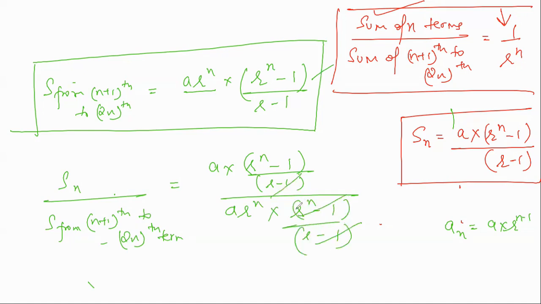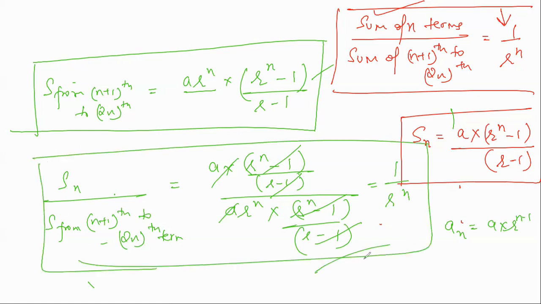So this cancels out with this, and a cancels out with a. What is left? 1 over r raised to the power n. So this is the final answer. Thank you everyone, thank you so much.